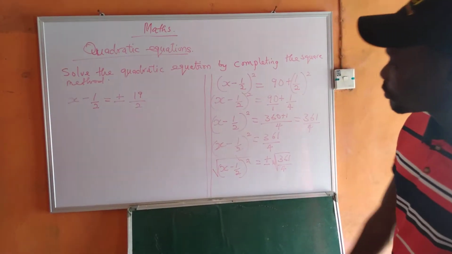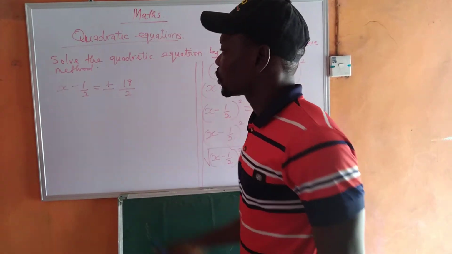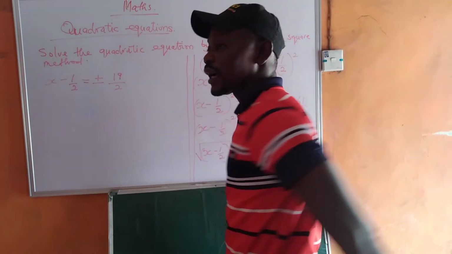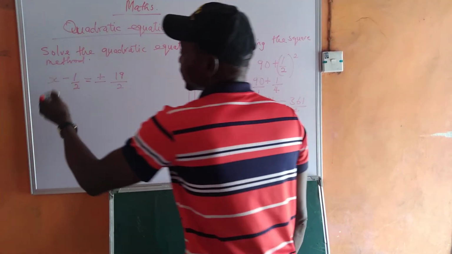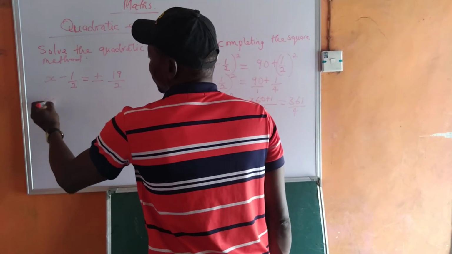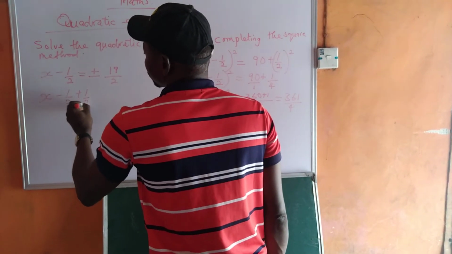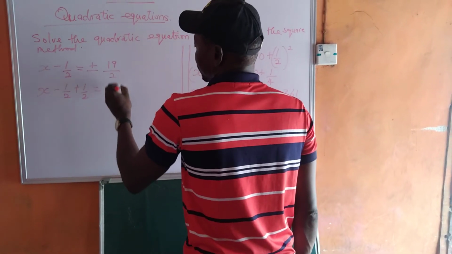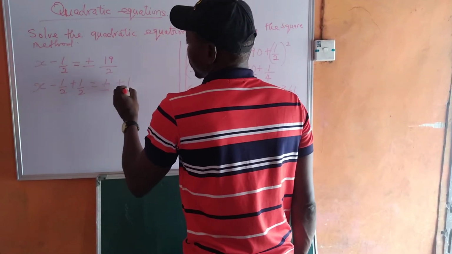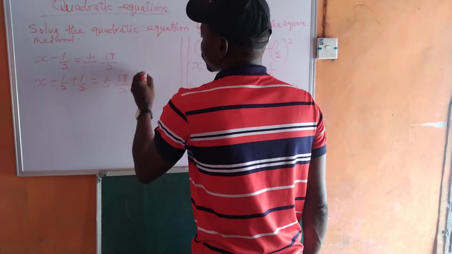Now, what do you need to do? You add half to both sides. This is your 1 over 2, you add it to both sides, just like when we did to 90. It will now be x minus 1 over 2 plus 1 over 2 equals plus or minus 19 over 2 plus 1 over 2.